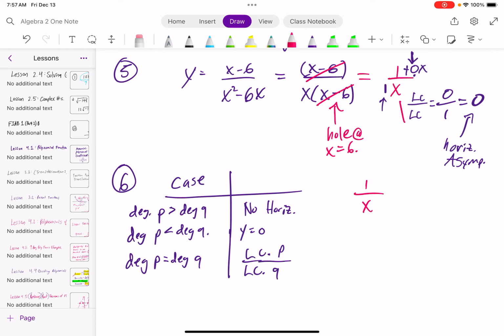Now, the leading coefficient on the bottom is bigger. So according to this, you do not have a horizontal asymptote, right? Because here, Q is bigger than P.